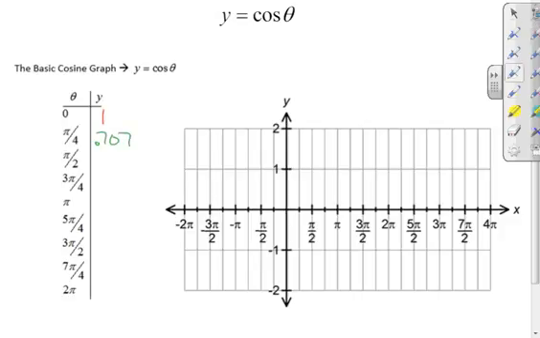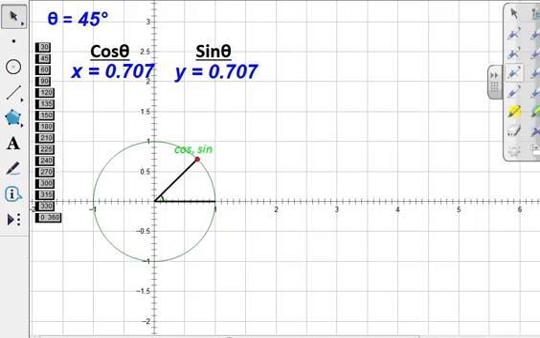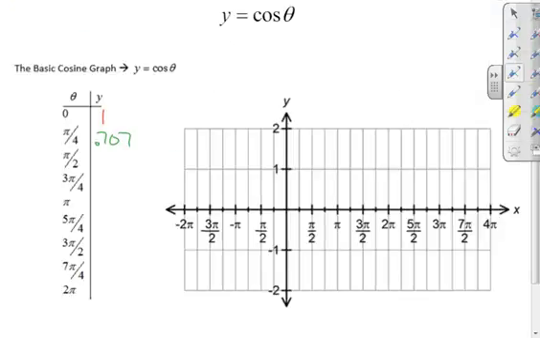Okay? And when I go to pi halves, which is 90 degrees, we see that we have 0. And then when I go to 3 pi quarters in the second quadrant, you would expect the cosine to be negative, and we have negative 0.707. So that's going to give me 0 here and negative 0.707 here.